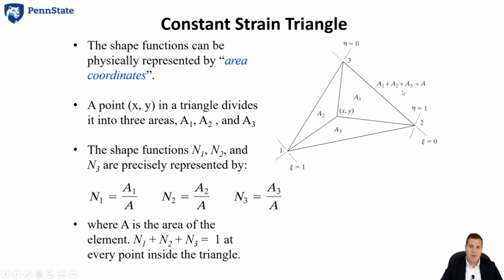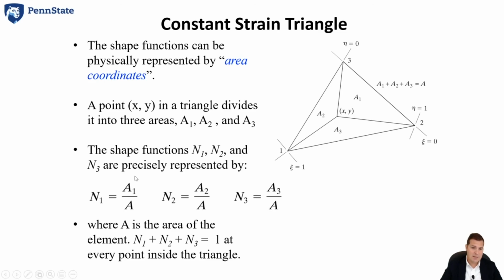It turns out that you can use this point to actually define what your shape functions are. That's kind of useful. Remember in 1D, we said, here's a point P along this 1D line, what are the shape functions? We had to use the mapping to determine that.